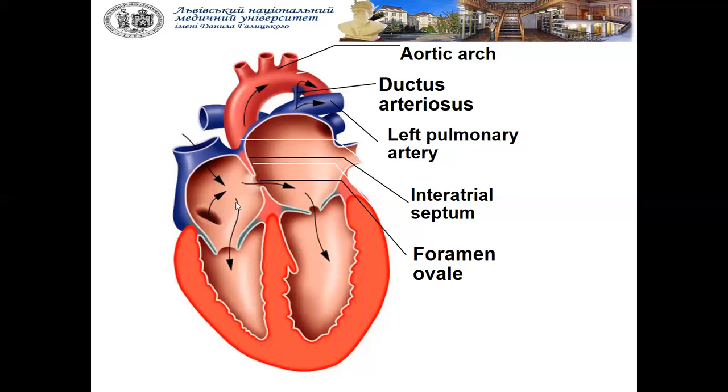And a lot of doctors and scientists say that it's not actually a pathology. In many variants, patients with this open foramen ovale have a normal life until 80 years and more.